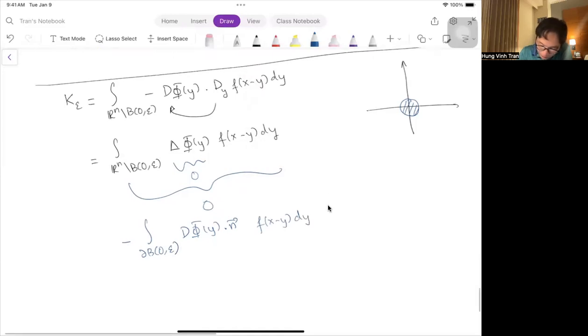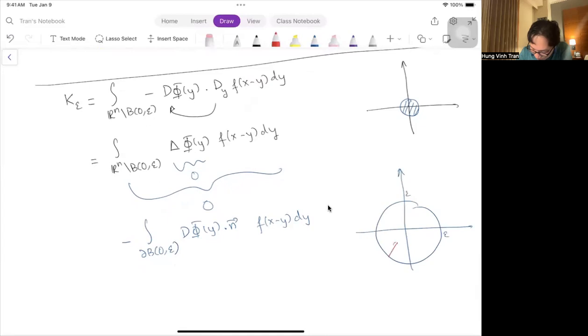Let me draw another picture here. This is making the ball look bigger, still radius epsilon, but I'm making it bigger so that it looks easier. This is a normal vector because we need the outward normal to this set. The set is this set, so the outward normal is pointing this way.